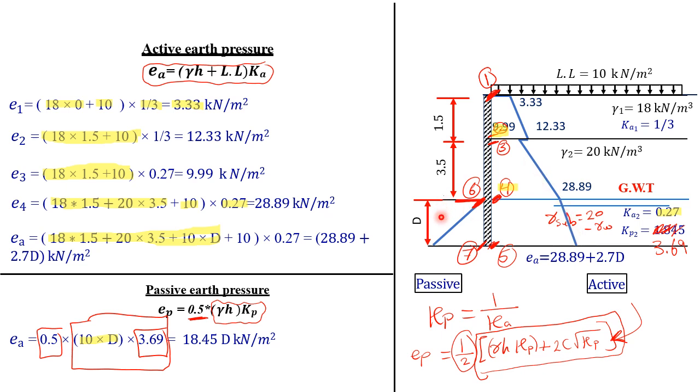On the left side, I have E passive of 18.45 D. So as I told you here, that's your E passive. It's not E active. I corrected it here.